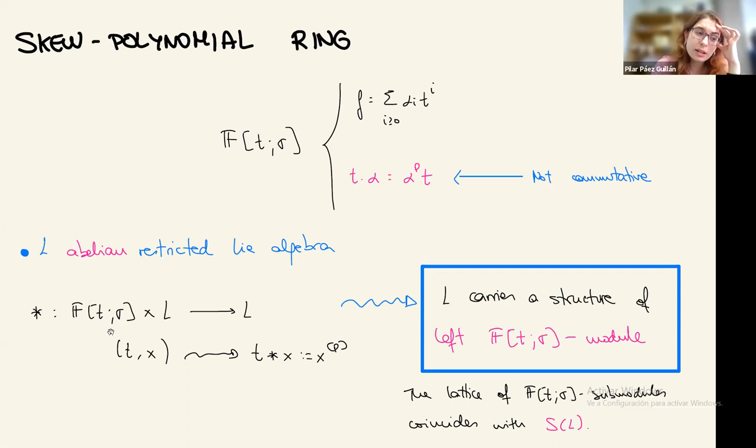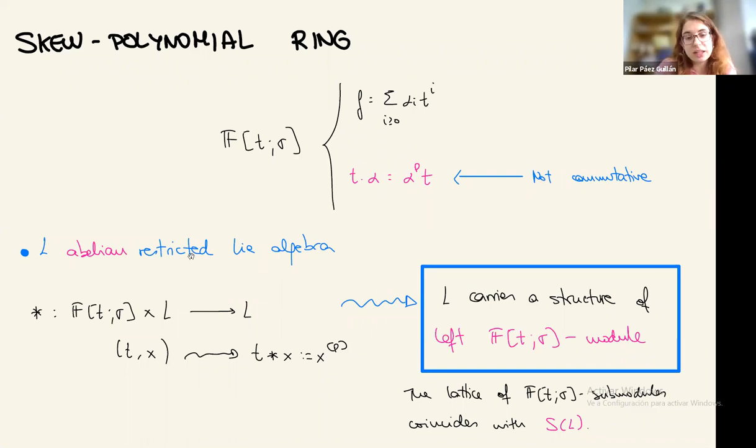So this p-map can be thought of as the action of the skew polynomial ring over L, defined this way. The action of the variable t on an element x will be x to the p. One can check that this is well defined and the properties hold and everything works.